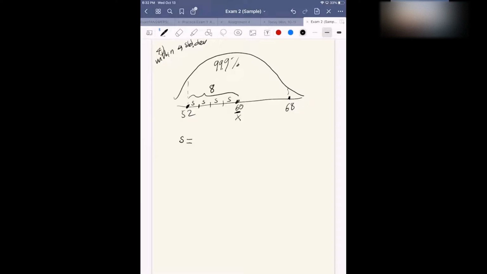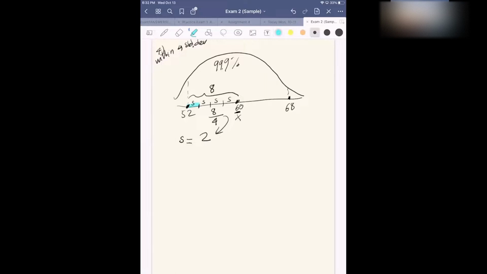But that distance is for 4 standard deviations, so 8 divided by 4 is what? The answer is 2, right? So each standard deviation here is 2, okay?